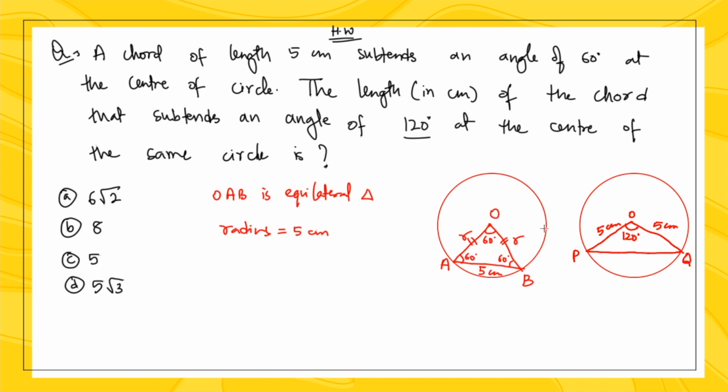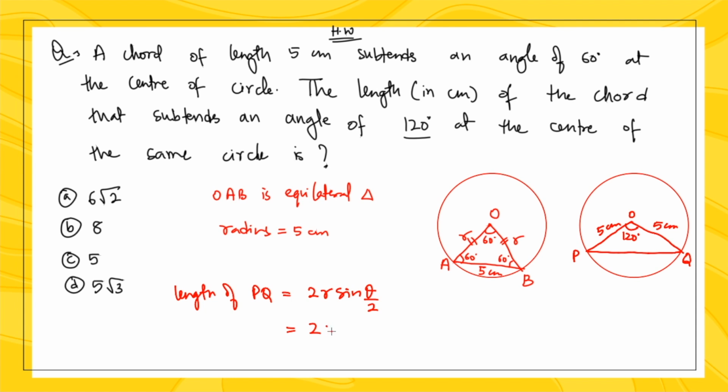For this I have given you a direct formula. If a particular chord makes an angle theta at the center, then the length of the chord PQ is equal to 2r sine theta by 2. This formula I have given in the video itself, and the same formula we are going to use.